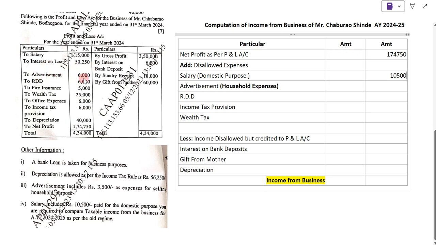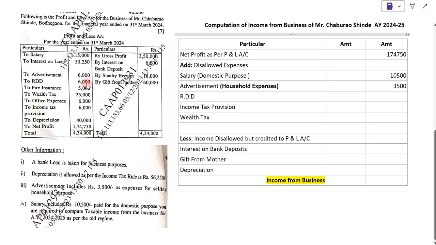Now advertisement. Advertisement total is how much? 6,000 rupees. Here there is an adjustment on advertisement. Advertisement includes 3,500 as expenses for personal household purpose, so 3,500 is disallowed expense. Next, RDD 6,000.